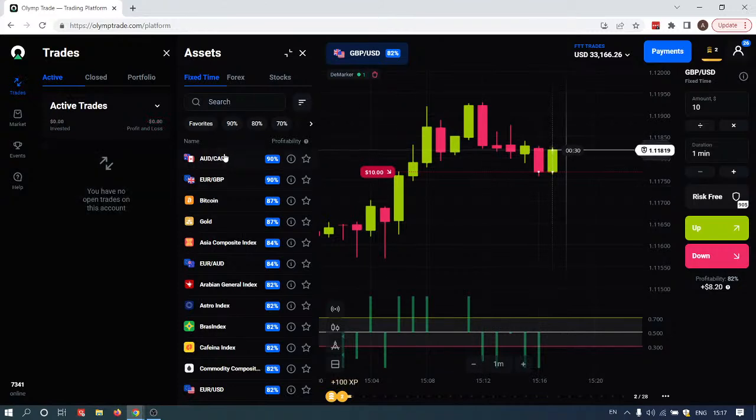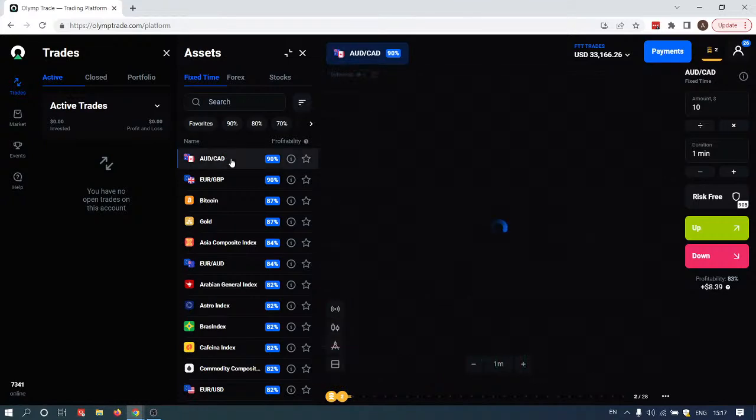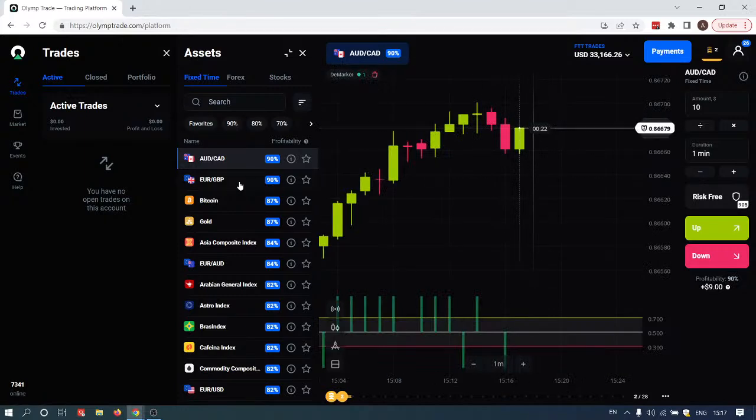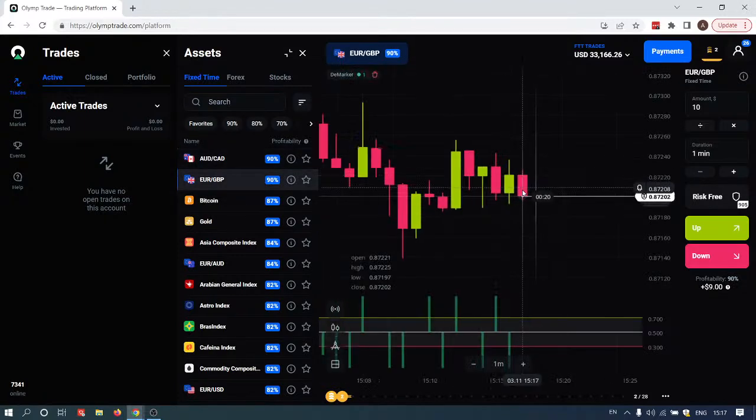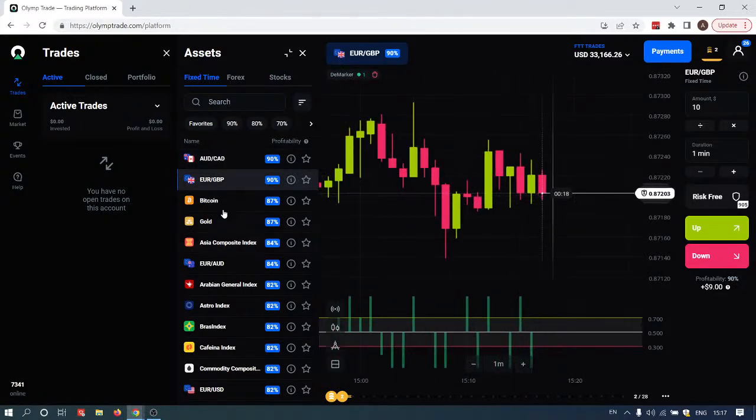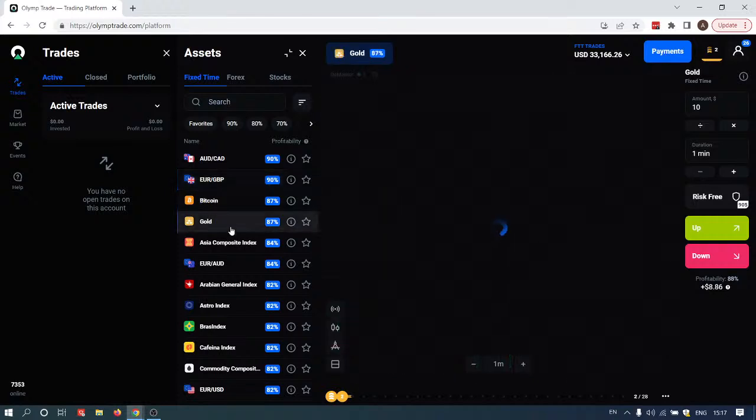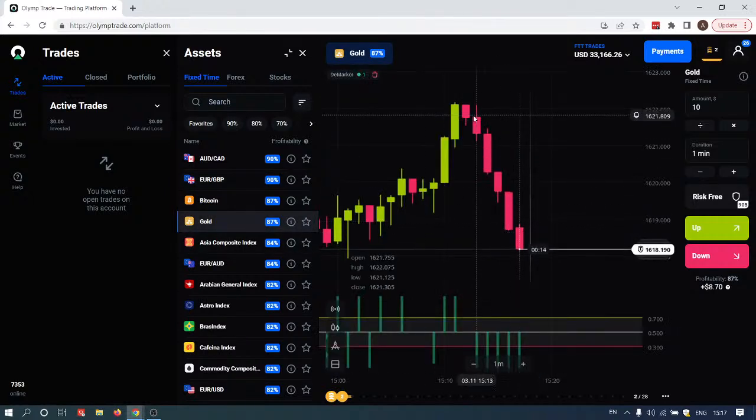And that also gives you at least a little bit of understanding of how the markets work and how you can identify some repetitive patterns.